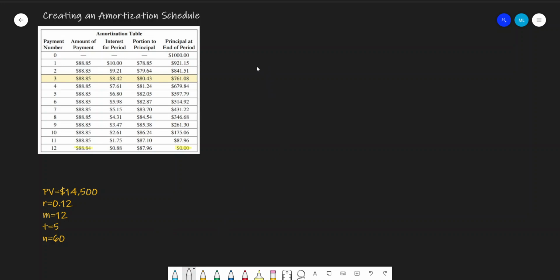So you would have to recall the formula where the principal present value is equal to the payment size times 1 minus 1 plus I raised to the negative n, and all of this is divided by I.